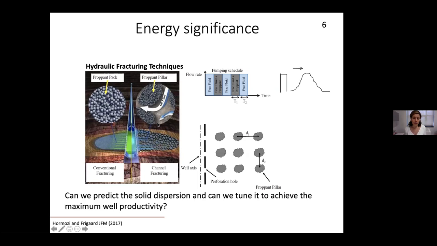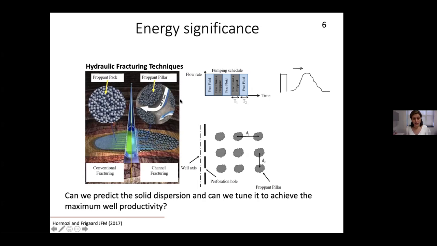But how can we do better? Recent trends in the oil industry have included the addition of the proppant or sand and gravels to the fracturing fluid in a cyclic fashion. The idea is to transport these pillars of particles or pulses of particles into the reservoir and support the fracture with these porous pillars instead of a continuous porous medium.